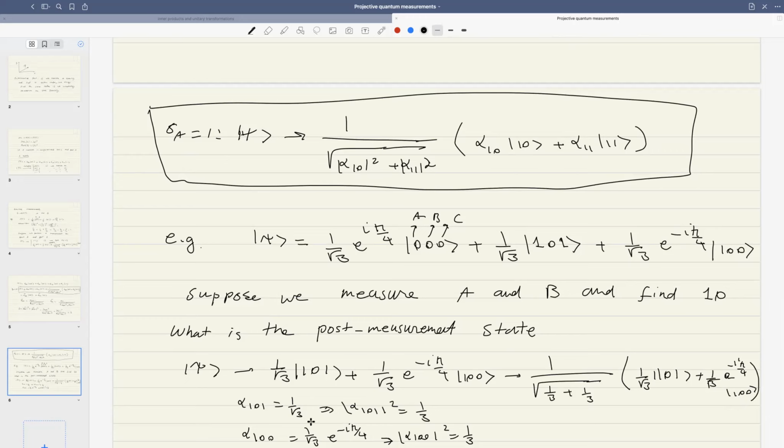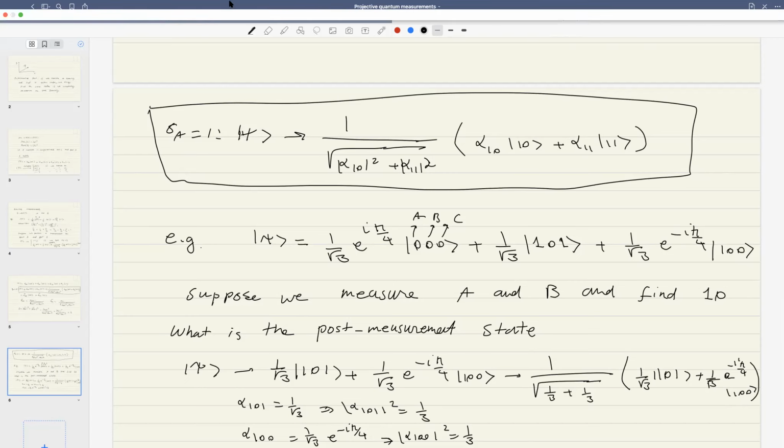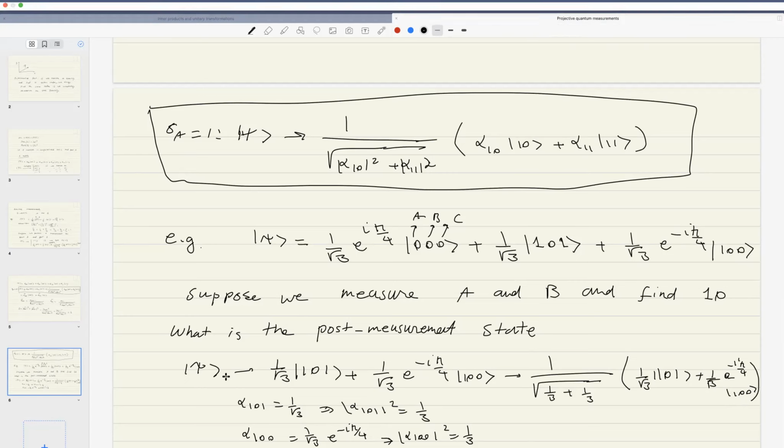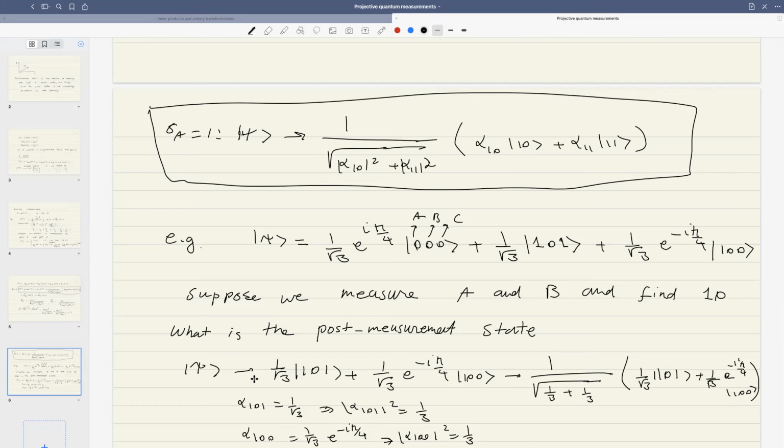Okay, so that's a good example for a partial measurement. I have a system of 3 qubits. I perform a measurement on 2, and then I find my state after the measurement that's consistent with the result of the measurement.